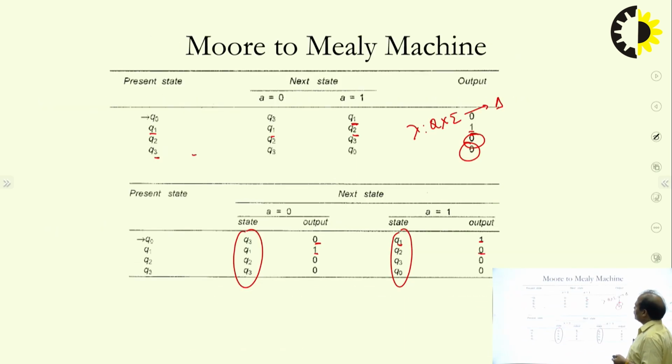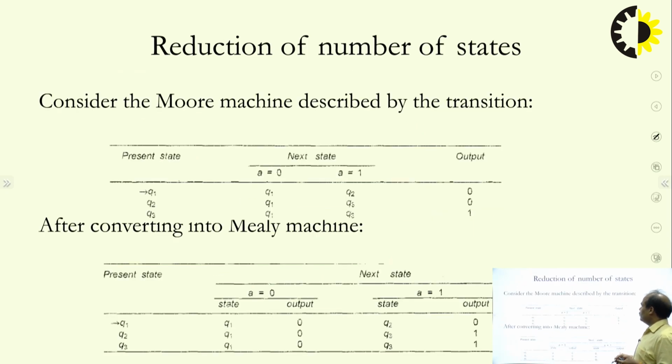One thing you should notice is that while converting from Moore to Mealy or Mealy to Moore, the number of states can be redundant. That can be minimized. Consider this Moore machine. If you convert it to the equivalent Mealy machine, you will get this.